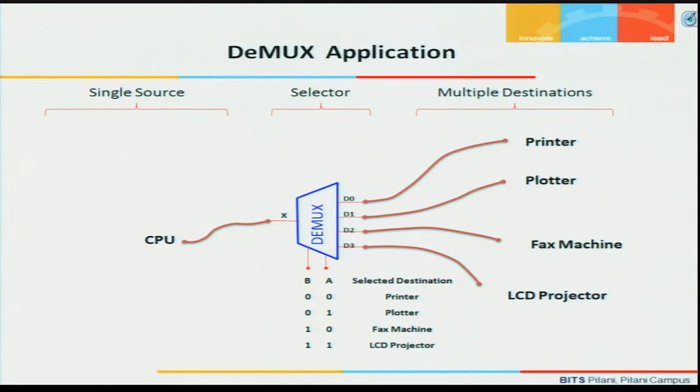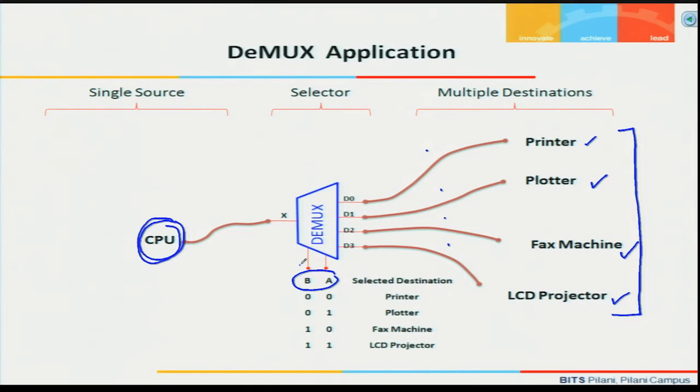So, let us look at an application of a demultiplexer. Here I have a processor and I want to connect one of the 4 devices to the processor. The devices are a printer, a plotter, a fax machine and a projection system. I want the information on the processor to be transferred to one of these 4 lines controlled by the selection lines A and B. If A and B both are 0, information on the processor is transferred to the printer, so I am able to print data.